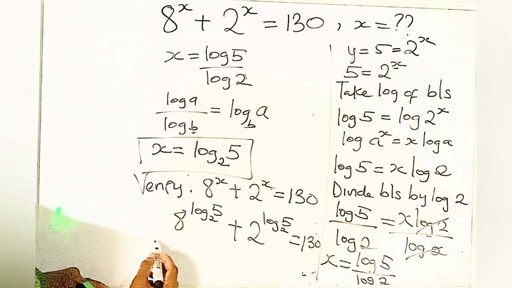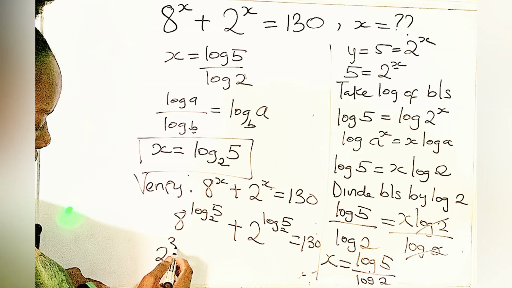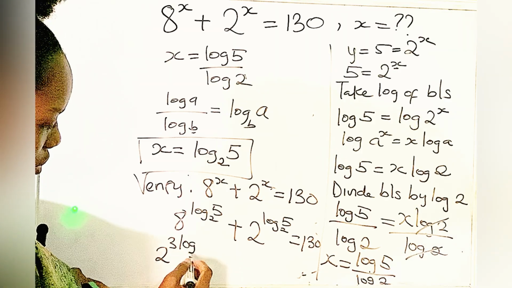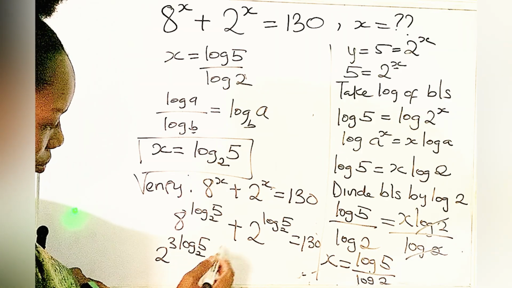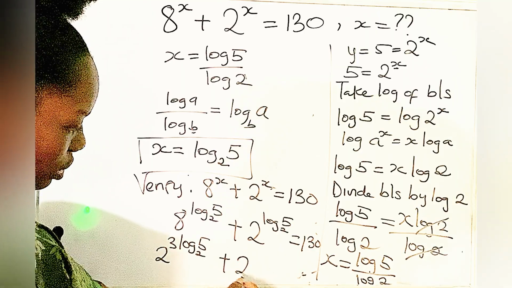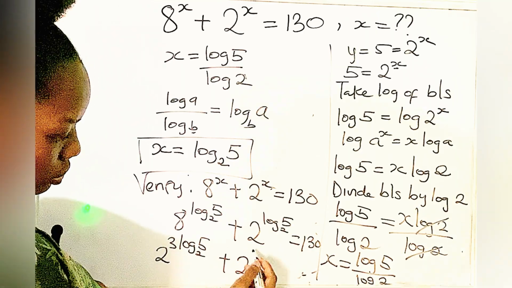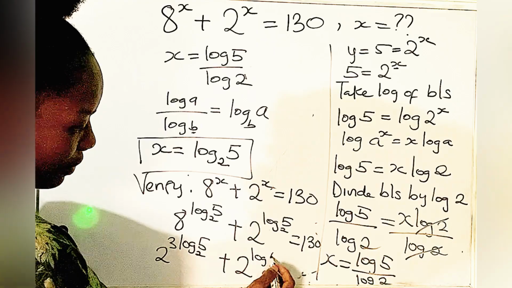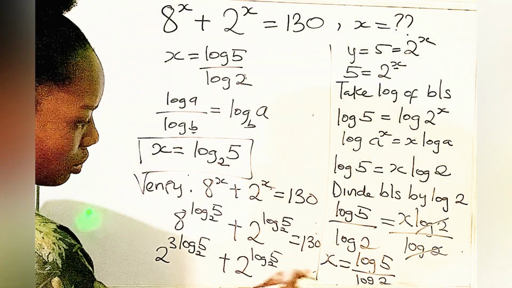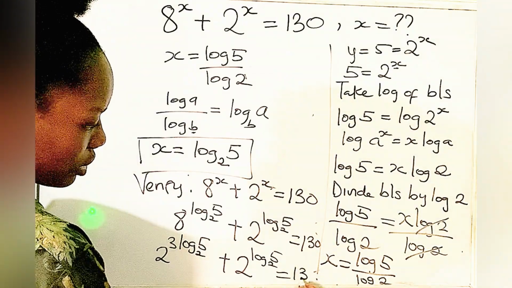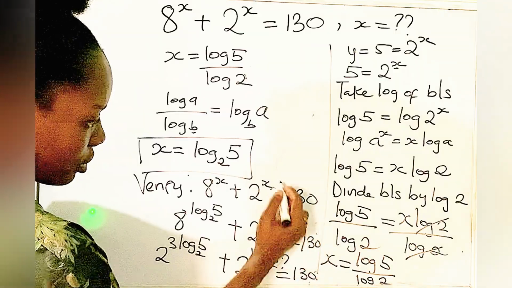Now let's rewrite this. We write it as 2 to the power of 3 log 5 base 2, plus 2 to the power of log 5 base 2, is it equal to 130?